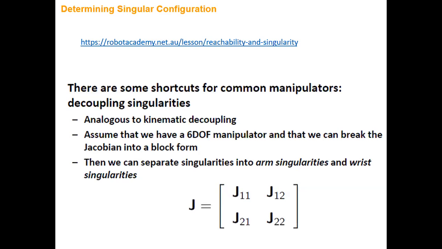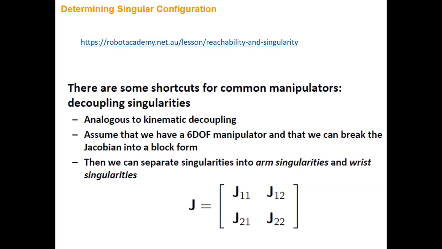Spherical wrist is almost always used for various purposes. Then we have to figure out the singularity for the arm, and also we need something to move the wrist, right? So that's what I meant by arm. There is arm and there is wrist.